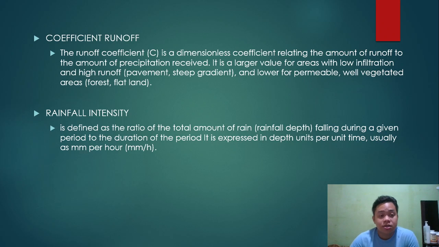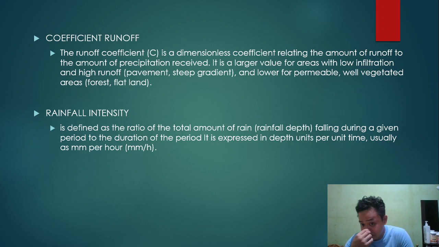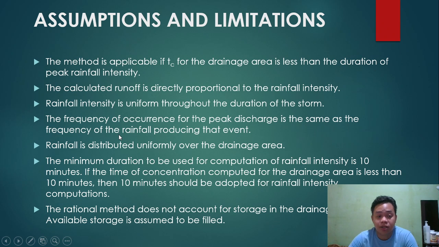So this coefficient of runoff and rainfall intensity will be a crucial part of our sample problem later. As I've said, there are tables and also graphs in determining the coefficient of runoff and the rainfall intensity. So next is assumptions and limitations.